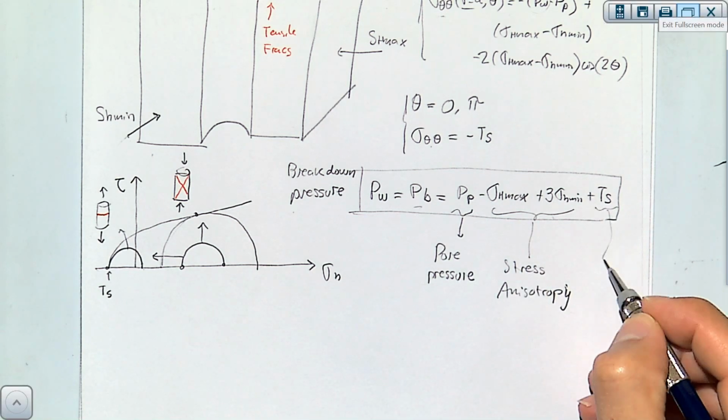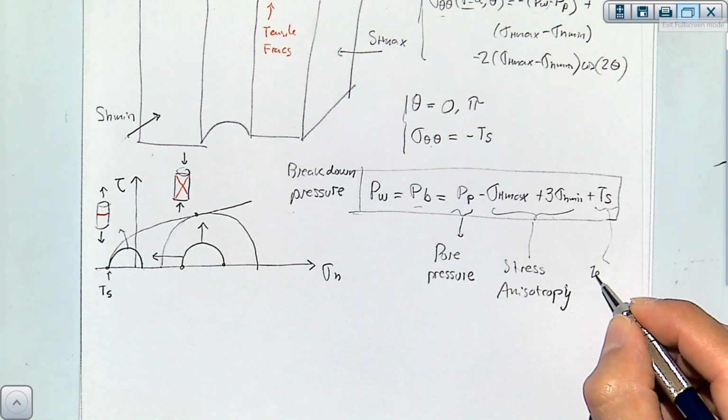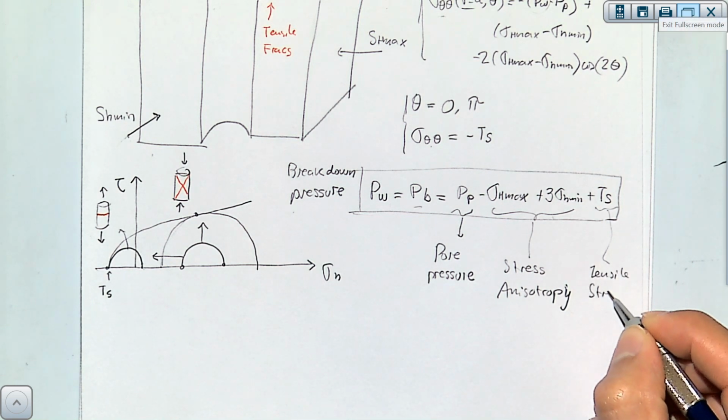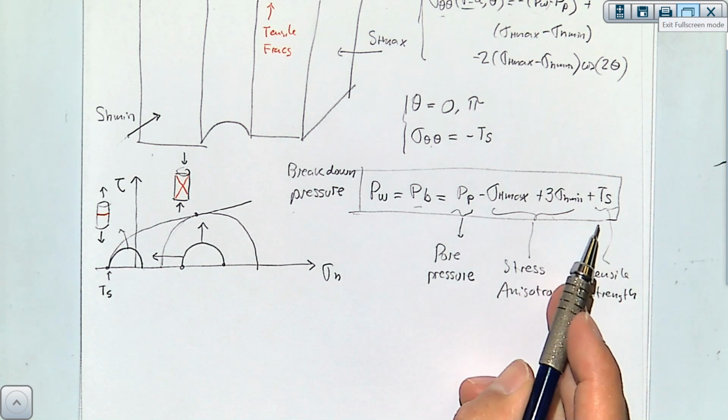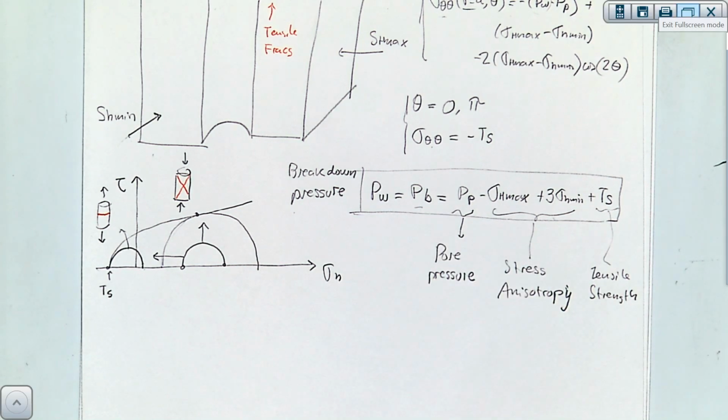And this one is the tensile strength, which makes a lot of sense: the higher the tensile strength, the higher it is going to be to fracture.